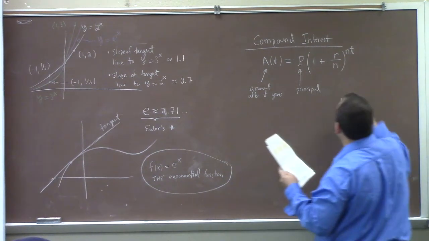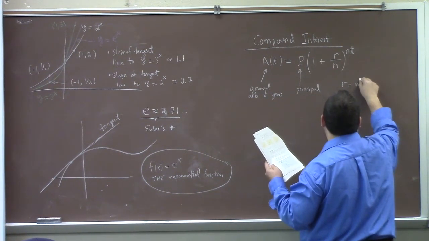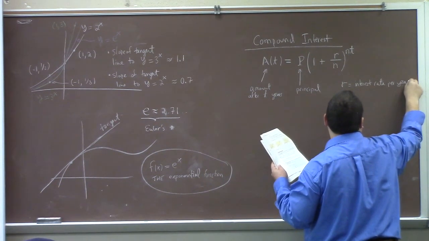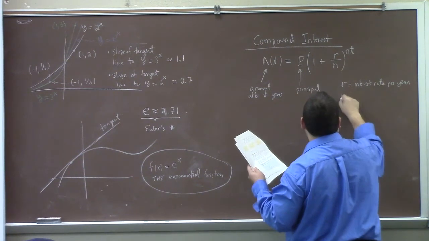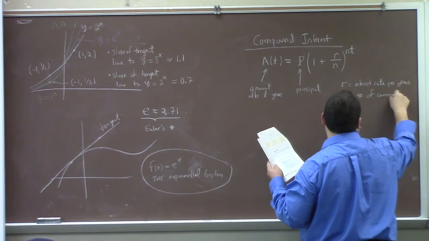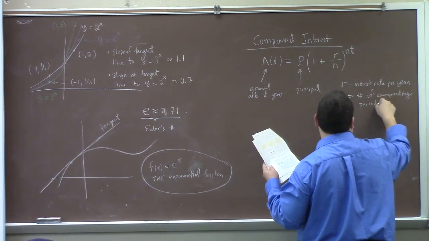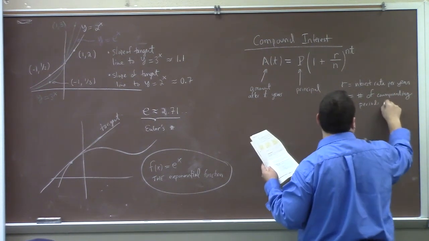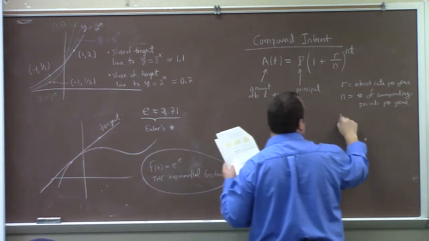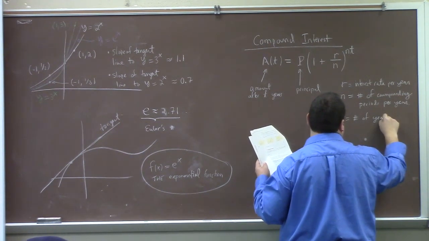And r is the interest rate per year, and n is the number of compounding periods per year, and t is the number of years since the investment was made or the loan was taken out.